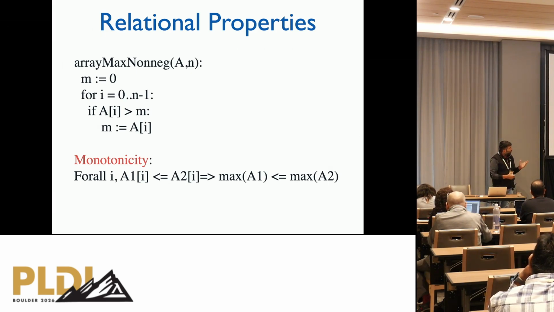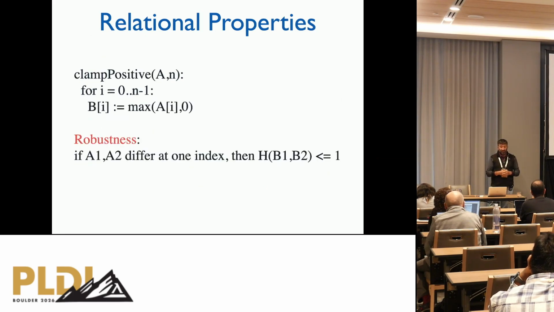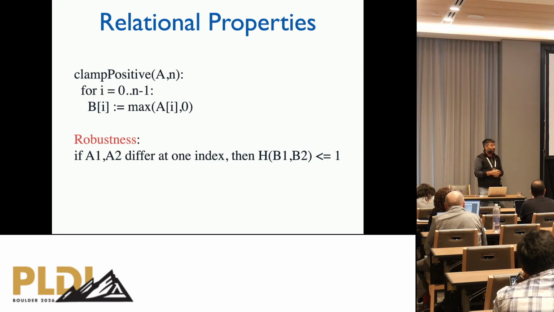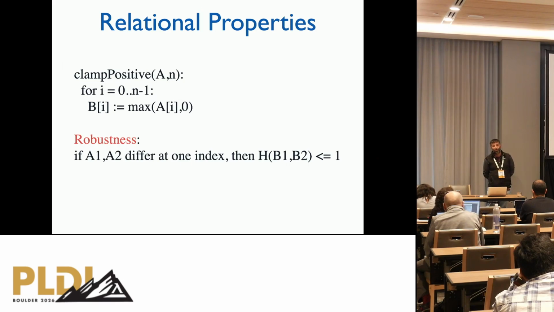For example, monotonicity of programs shows that if we give a higher input, then we get a higher output. We can consider robustness, which is a property that says that basically our program is robust to small changes in the input, and we show this by showing that the output doesn't change too much if we change the input a little.